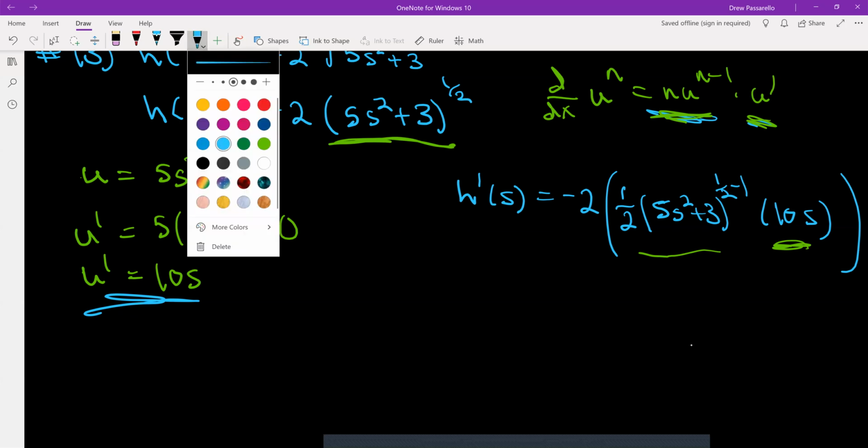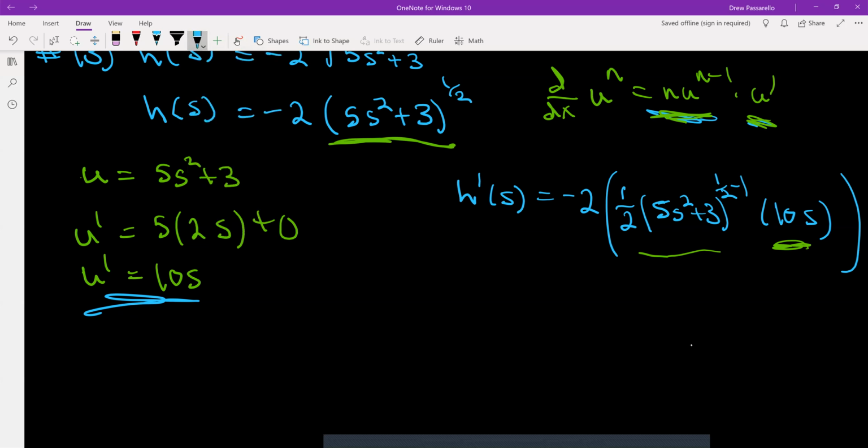All right, so from here, it's just a matter of simplifying. So I have -2 times 1/2. Well, -2 times 1/2 is -1. So I could just cancel out the 2's since they're reciprocals. I still have this negative sign.